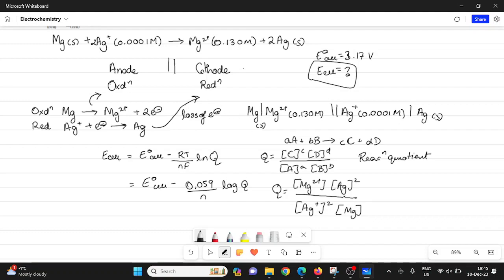Because we know these two are not ions, they can be ignored because they'll be equal to 1, and then basically this whole part can be ignored.